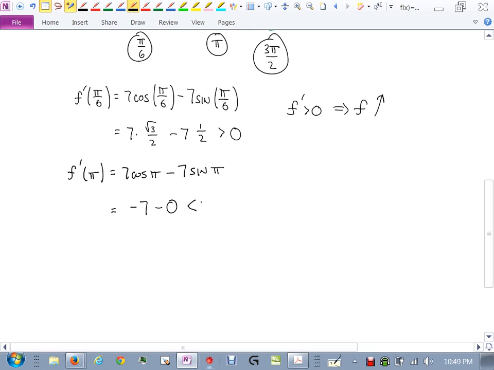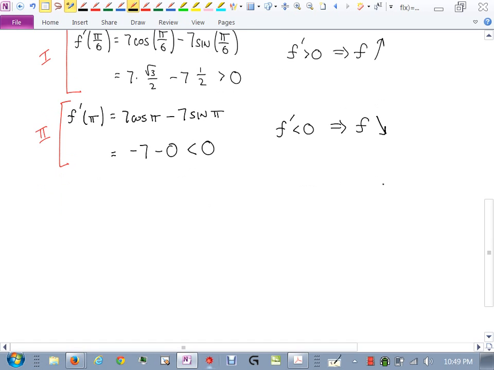And that's a negative number. So on that second region, my derivative was actually negative, which means that my original function is going down there. So I'm decreasing there.